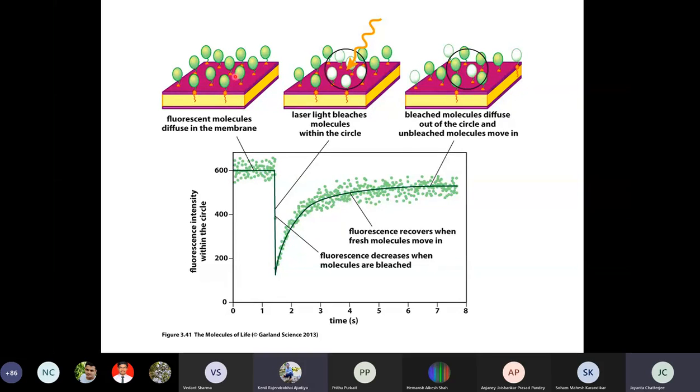It is possible that the tails and head lipids shown in the diagram are fixed to this pink bilayer, and the bilayer itself is moving so that the area on which we have bleached the proteins will be out of the focus of our region. Okay, good.